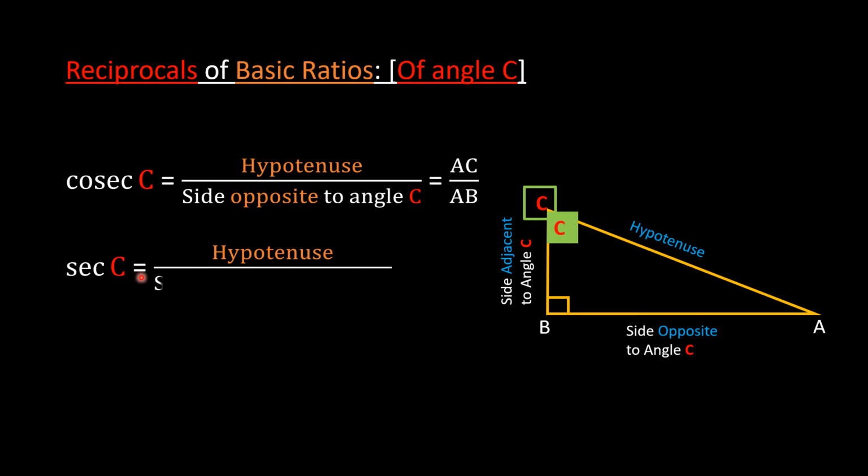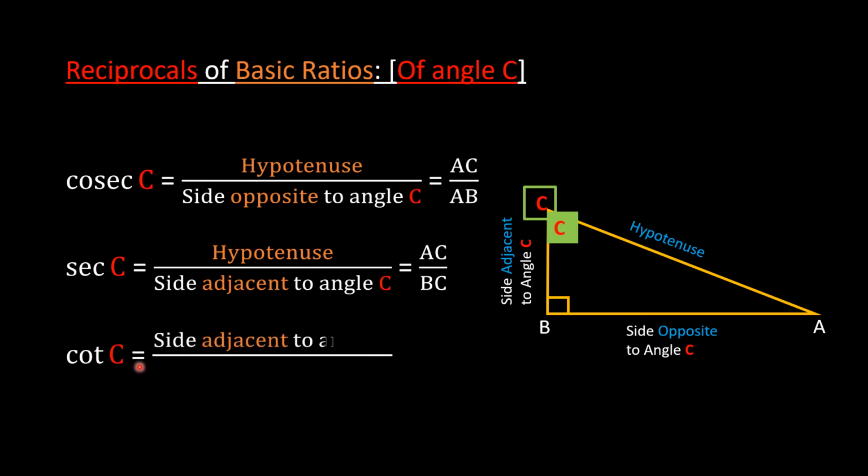Sec C equals hypotenuse divided by side adjacent to angle C, which is AC divided by BC. Cot C equals side adjacent to angle C divided by side opposite to angle C, which is BC divided by AB.